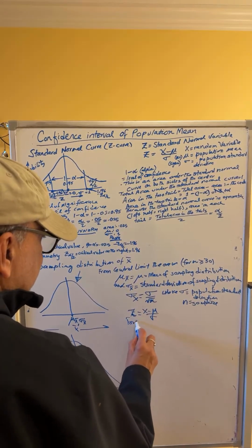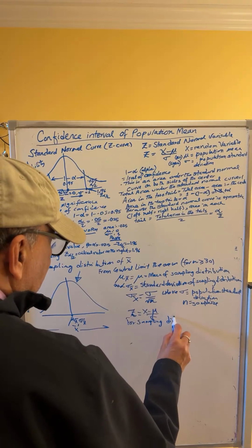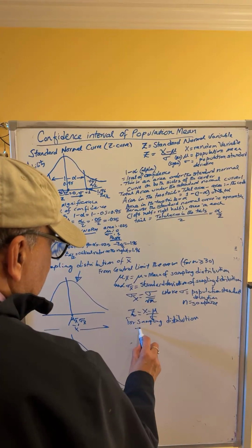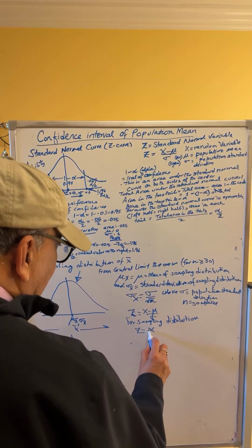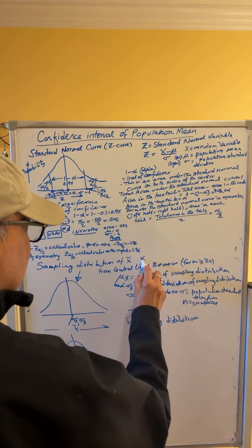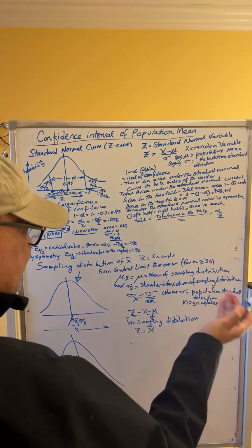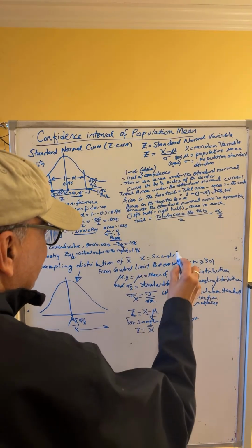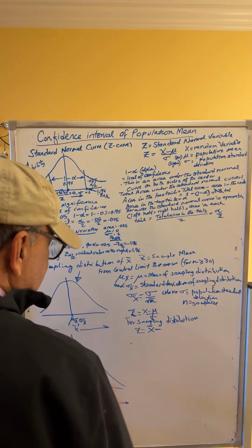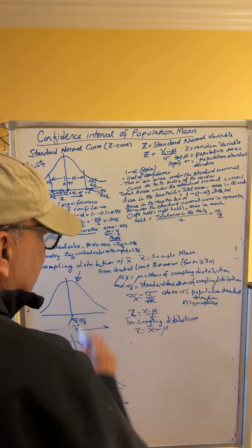For the sampling distribution, Z is equal to x bar, no longer x. Remember, x bar is the sample mean. X is the random variable, such as people's height, and x bar is the sample mean. So x is replaced by x bar in the definition of Z, minus the center, which is also mu, because mu x bar equals mu.